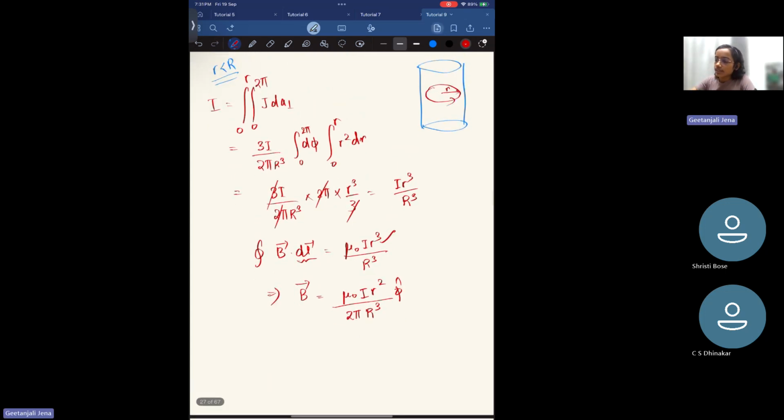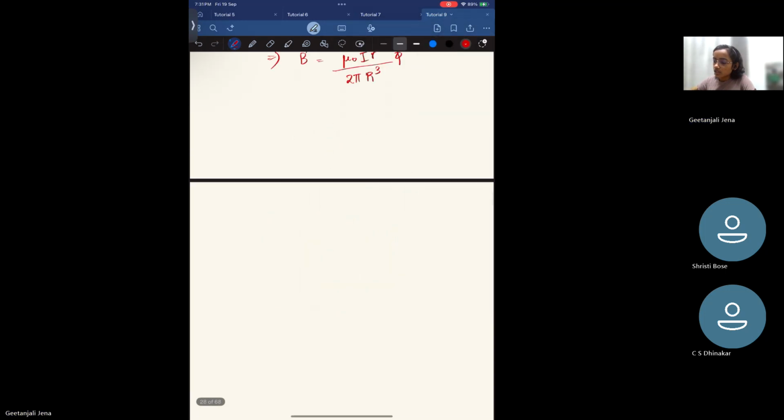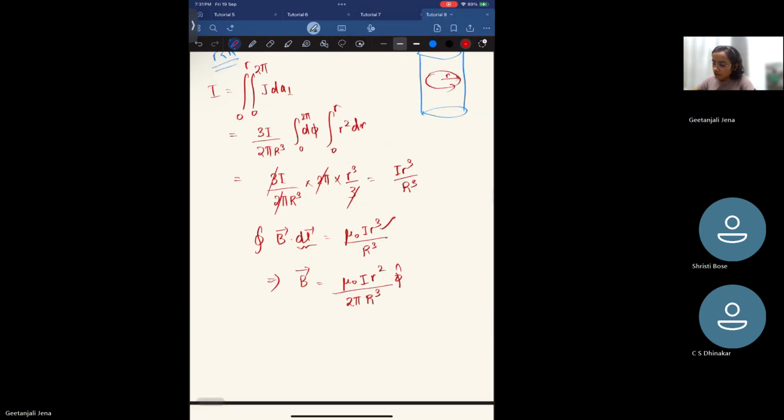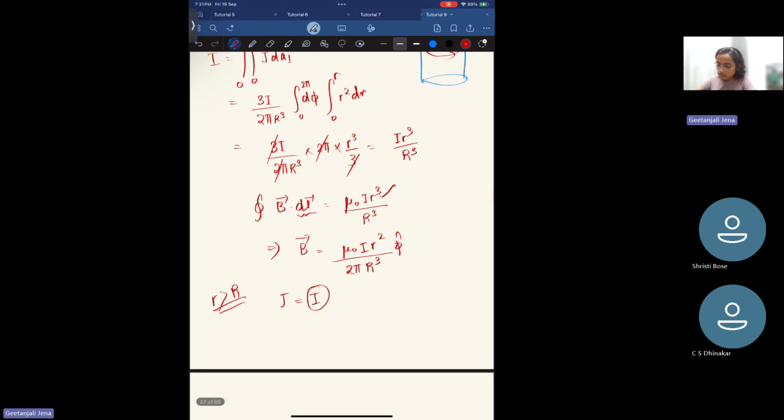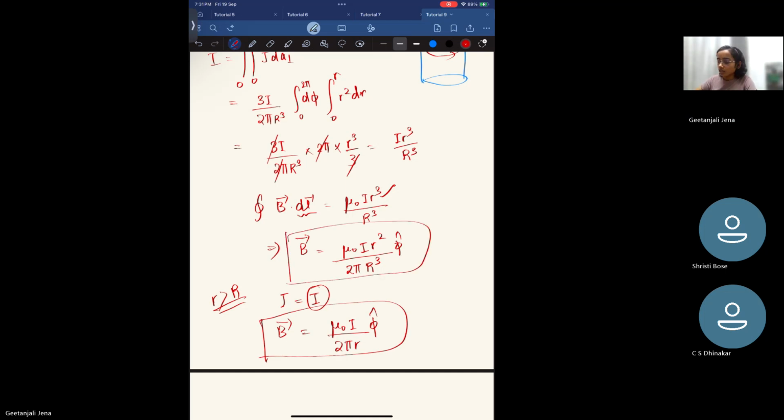This is for the inside one. For the outside, when r is greater than R, the total I enclosed will be I, right? So the B would be the same as before, mu naught I by 2 pi r. So is this problem clear to you?